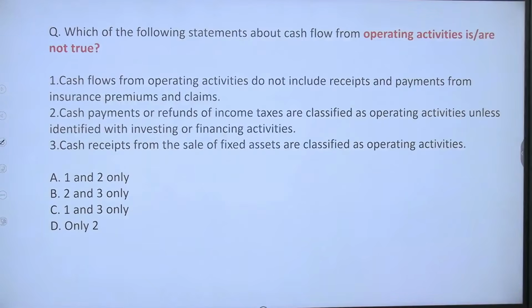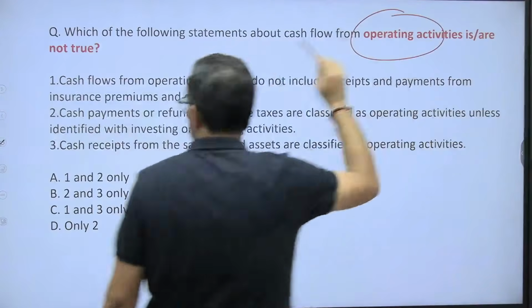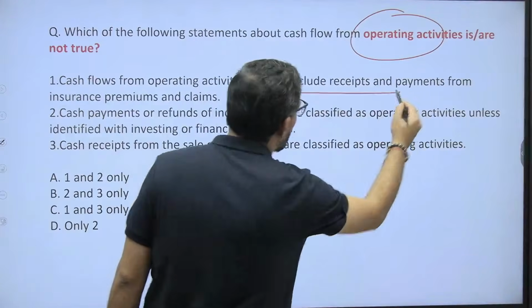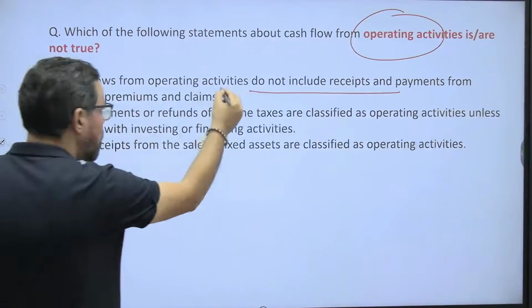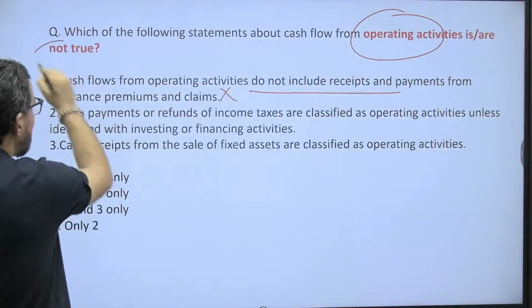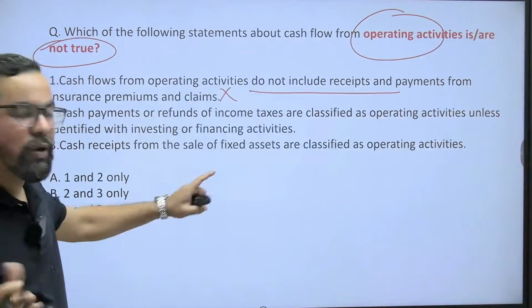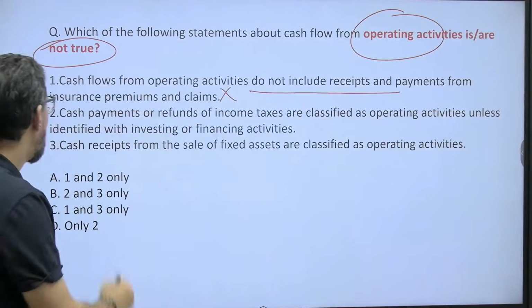Which of the following statements about cash flow from operating activities, the core revenue generating activities, is incorrect? Cash flow from operating activities do not include receipt and payment from insurance? They do include. They are part of this one. Incorrect statement again. Receipt and payment of insurance premium and claim are part of operating activities.